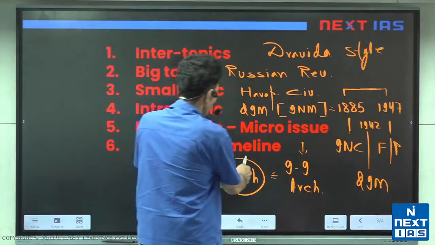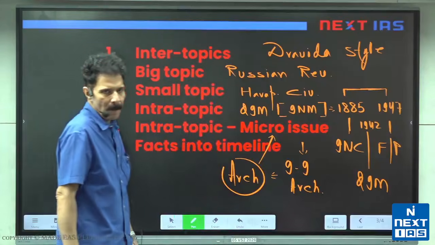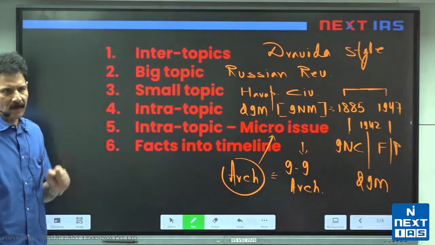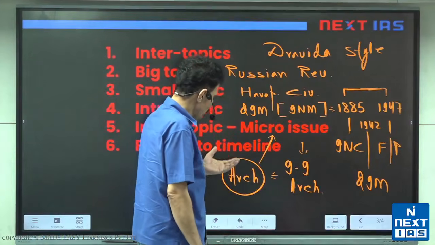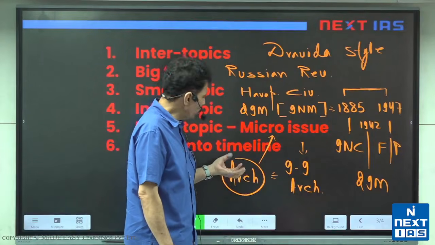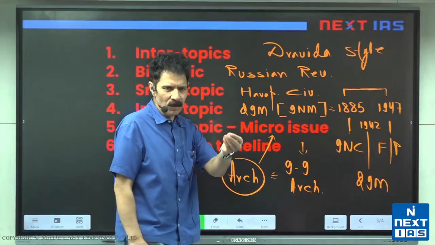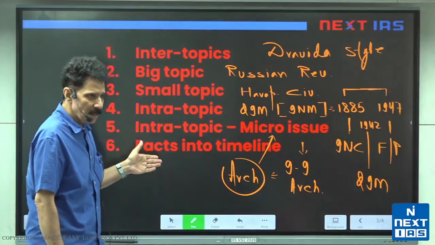We can consider arch as a micro issue, a very small issue. You might be thinking now, related to arch, how timeline? So arch, you simply write, okay, arch is this and arch was one feature, but here also a timeline is there. See?